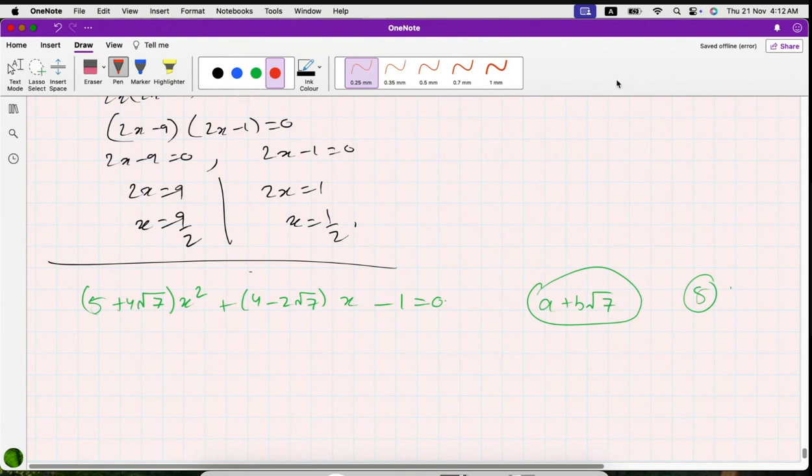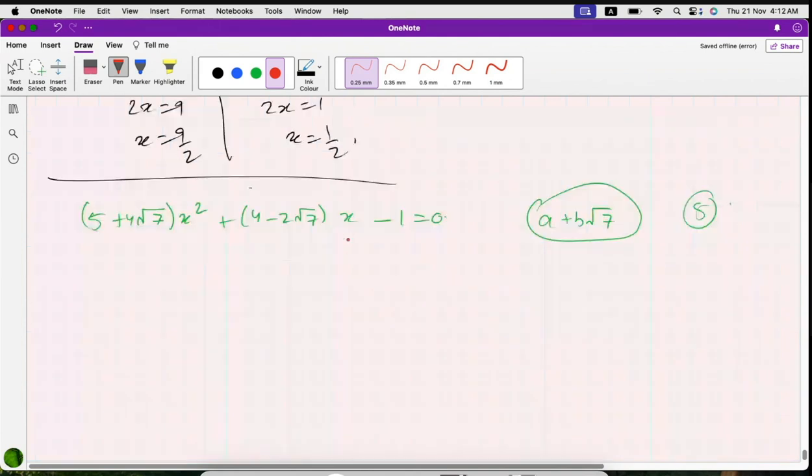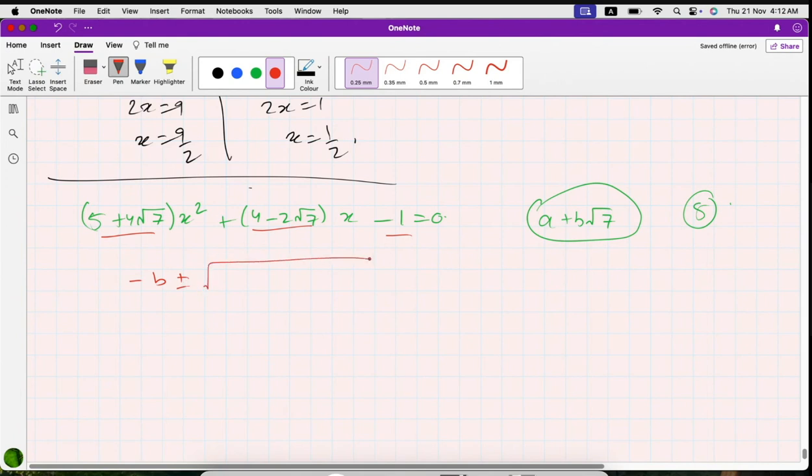So we are not using calculators. And I can see that this is a quadratic equation, so we can just use the formula, right? Minus b plus minus square root of b squared minus 4ac over 2a.